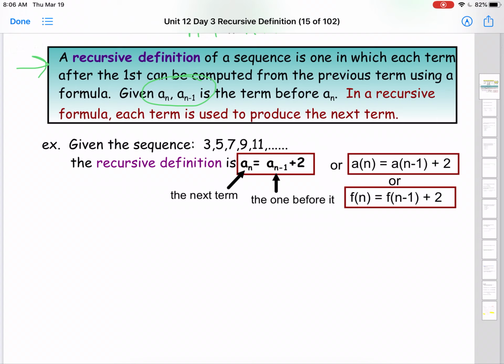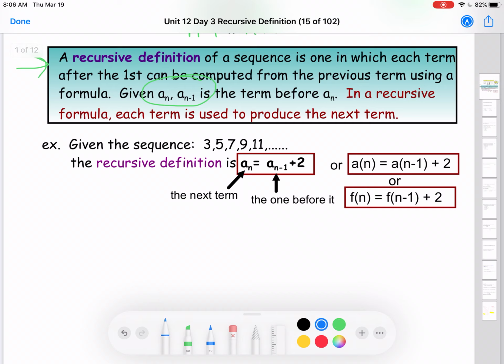So it says, given the sequence 3, 5, 7, 9, 11, the recursive definition is. So it's a good idea here to say it in words. So the next term, that's what this means right here. The next term is the one before it and then plus 2, right? We can see this is a plus 2 pattern. We can also write it in function notation.